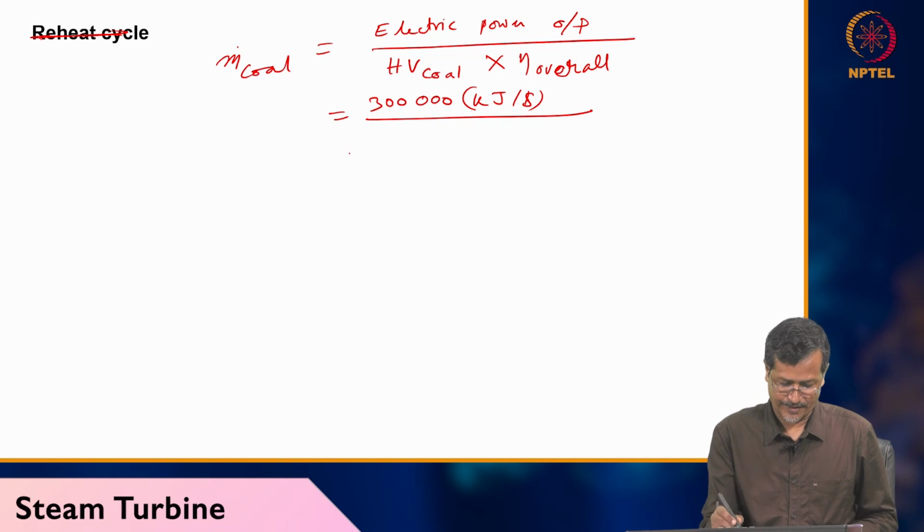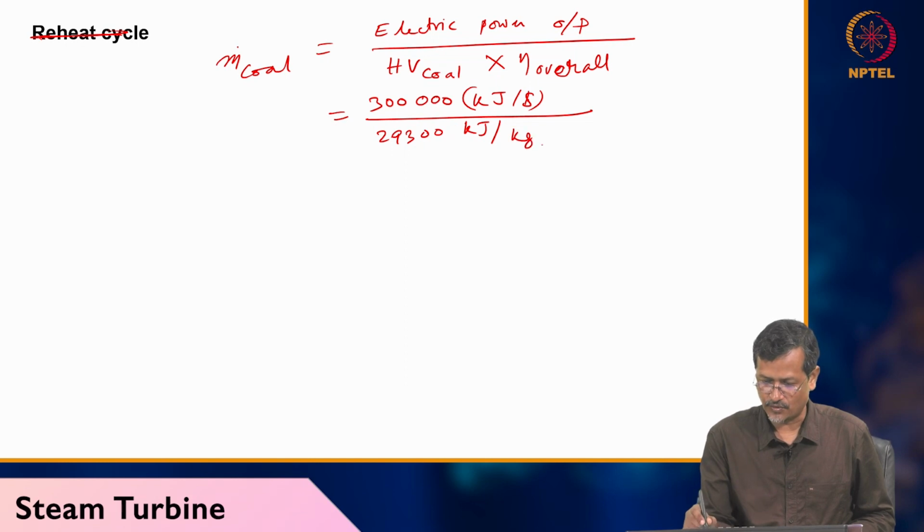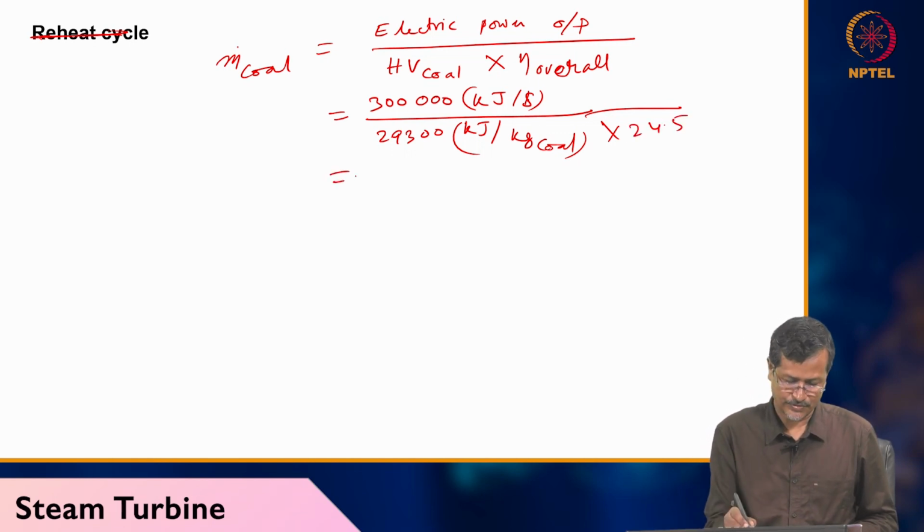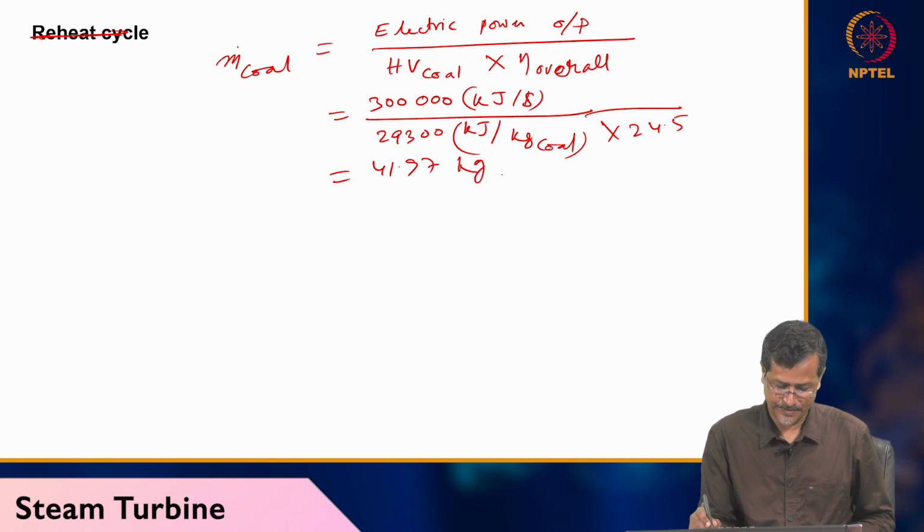Okay, and your heating value is given, 29,300 kJ per kg coal, into your overall efficiency, which we already calculated, 24.5%. So this is giving 41.97 kg coal per second. Okay, so this is your answer.